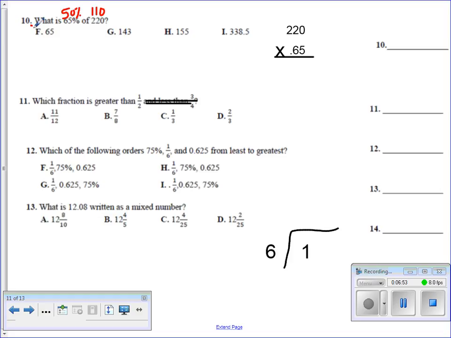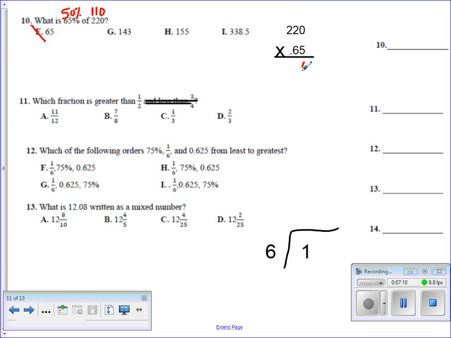So I can eliminate choice F because that's not bigger than 110. What we learned is we need to take 65%, change it to a decimal, of means to multiply by 220.